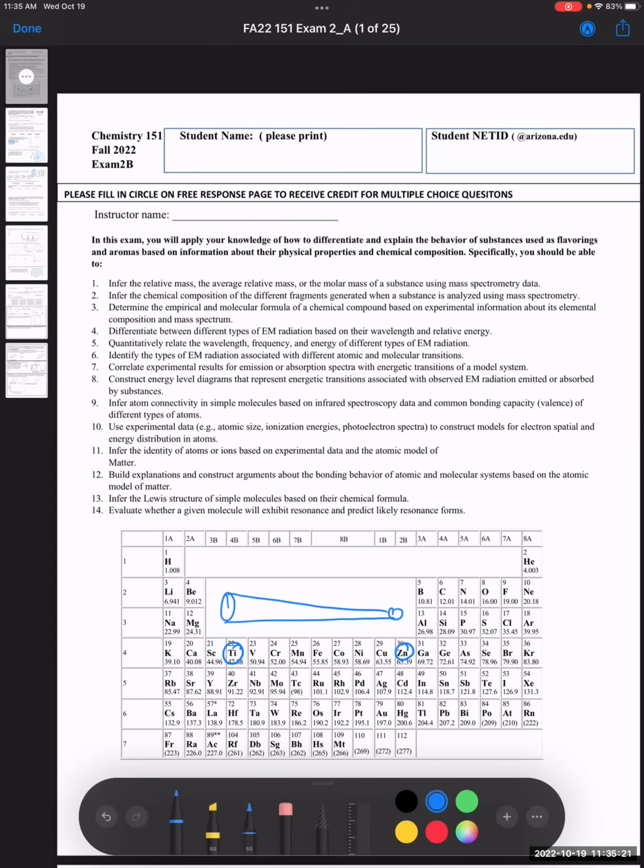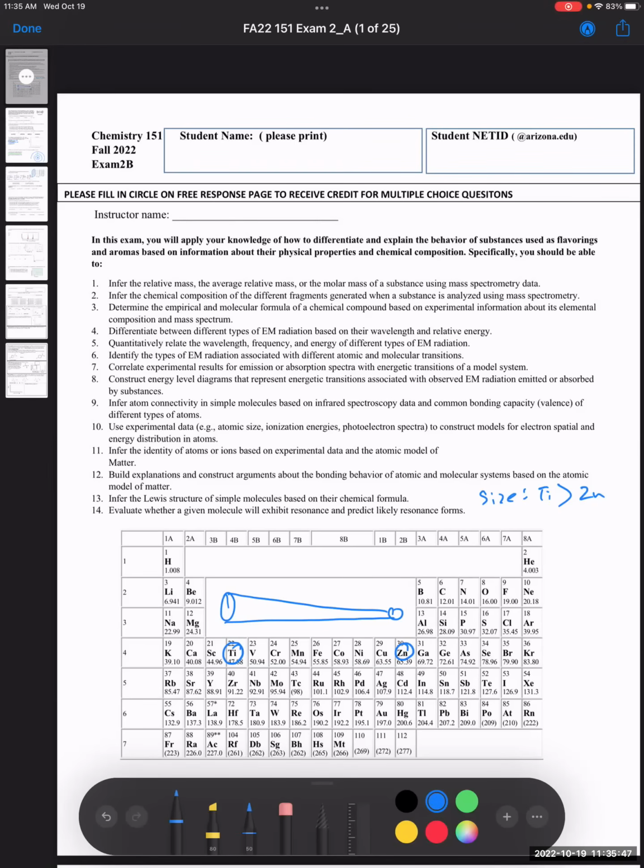So size wise, titanium must be larger than zinc. Why? You're going to have more protons in zinc. As a result, the electrons in the outermost shell will be attracted strongly to the zinc nucleus compared to the titanium nucleus, making the electron cloud smaller.